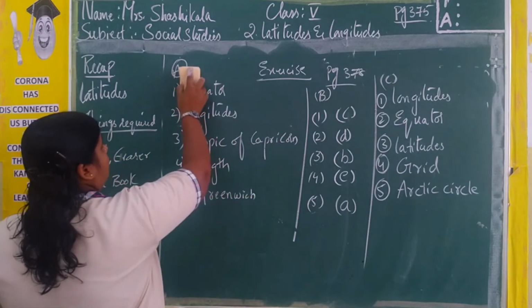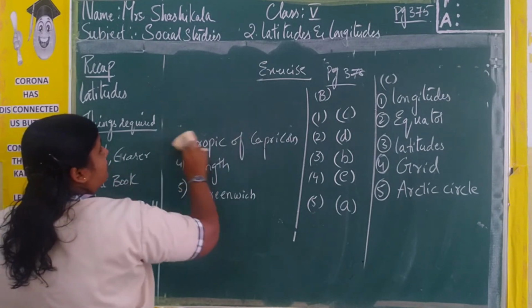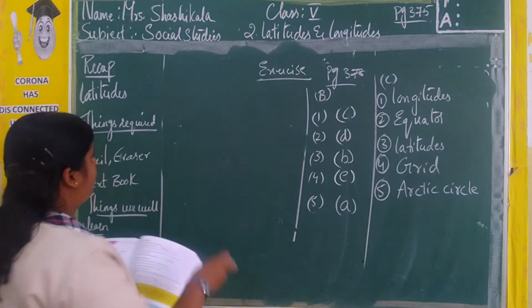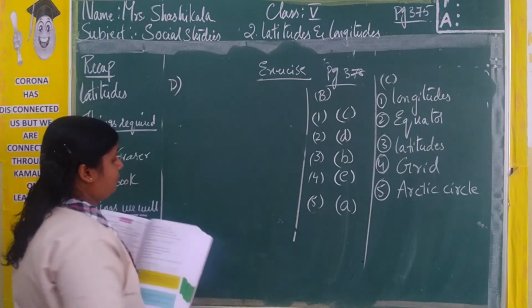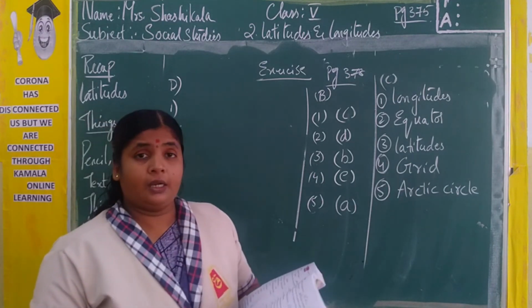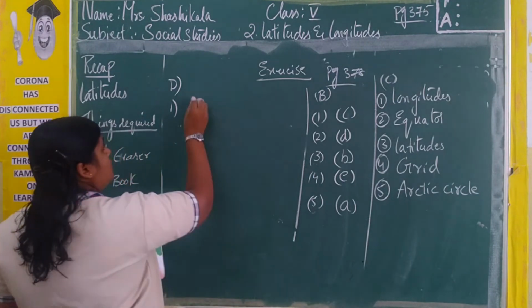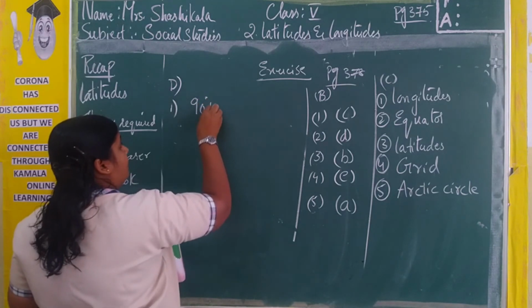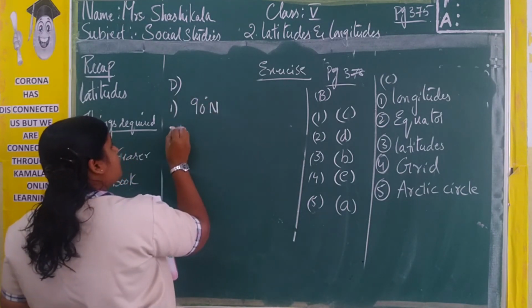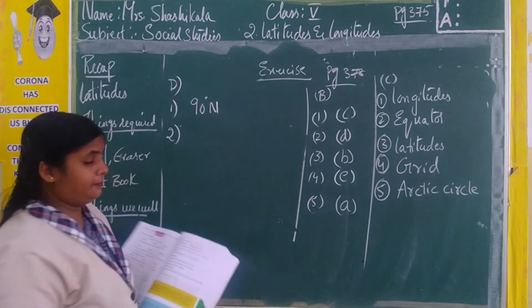I hope you all copied this part. The North Pole is indicated as 90 degree N. Why? Because it is a north direction, so we are writing the N. If it is south, we will write the S.